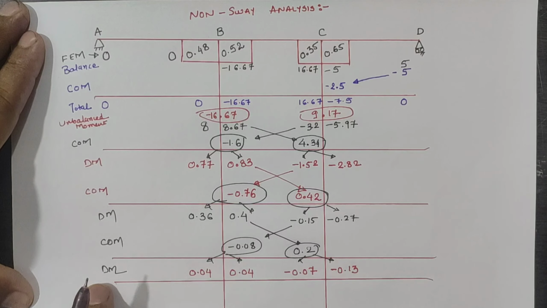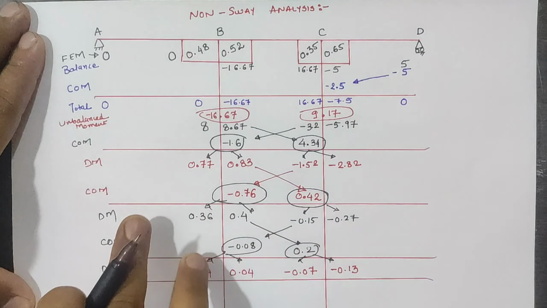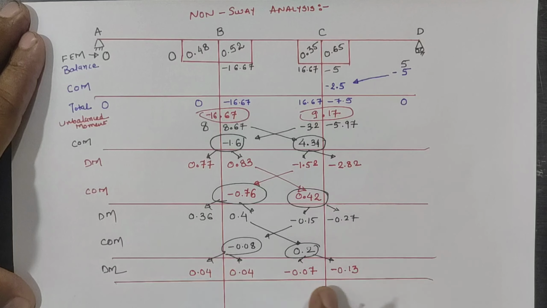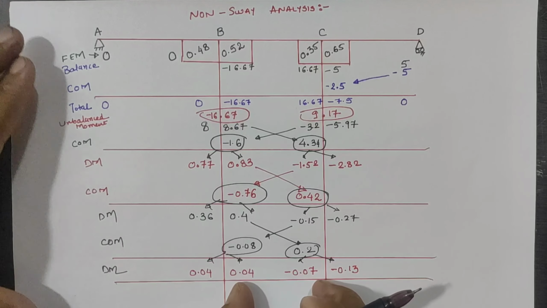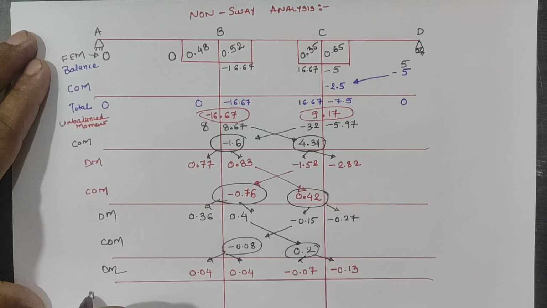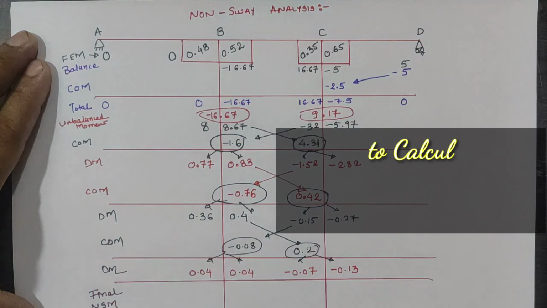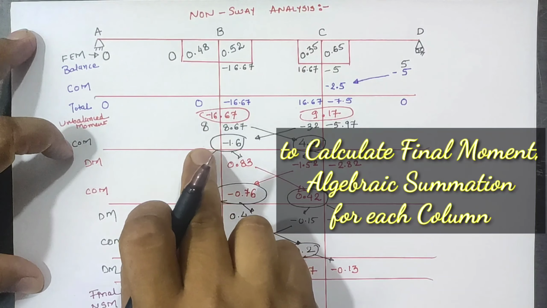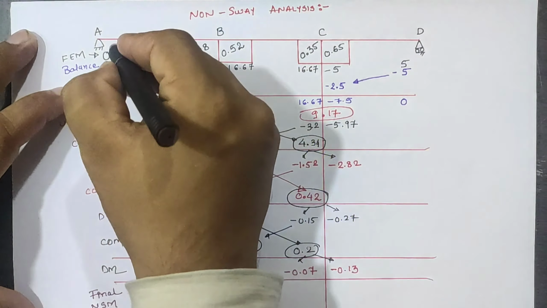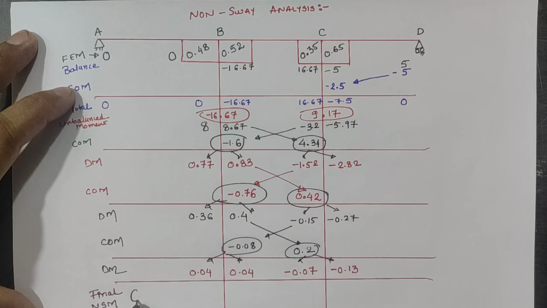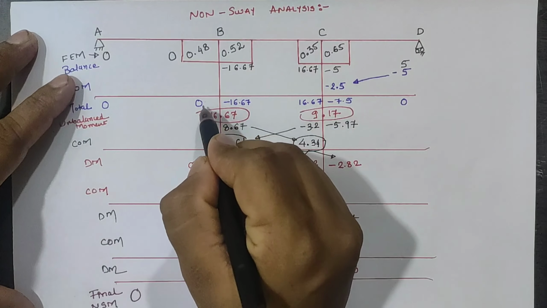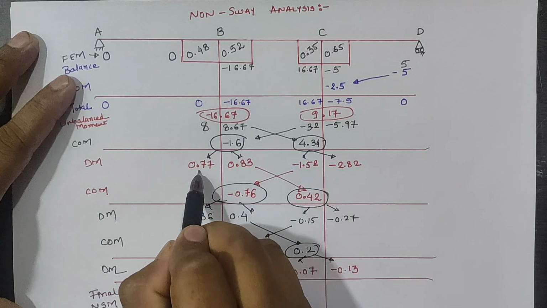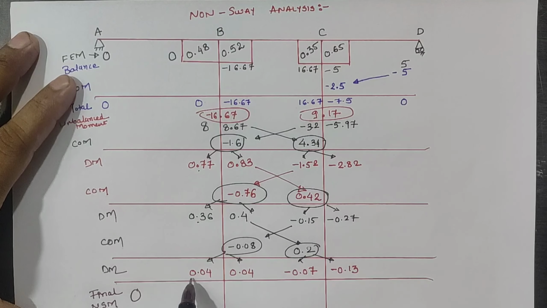So we have to repeat the distribution step and carryover moment step until the value is very near to 0.1. Now, the final non-sway moment is the algebraic summation of the total moment plus distributed moment and carryover moment. Hence, the value is 0 at AB, and at BA it is 0 plus 8 plus 0.77 plus 0.36 plus 0.04 as 9.17.